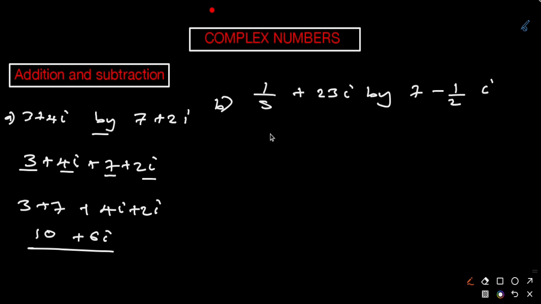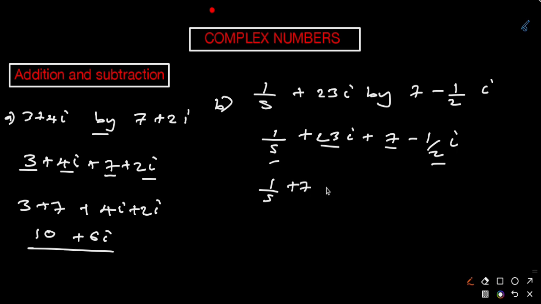For this one, you say 1 over 5 plus 23i, then plus 7 minus 1 over 2 i. From there you collect the like terms. These two are like terms, and these two are like terms. So you say 1 over 5 plus 7, plus 23i minus 1 over 2 i.